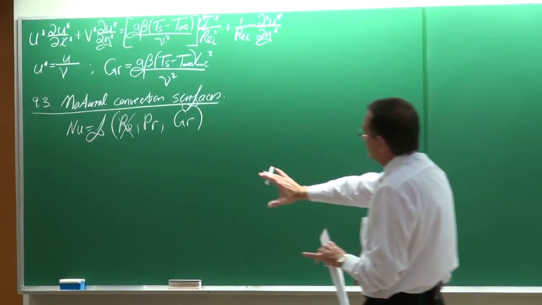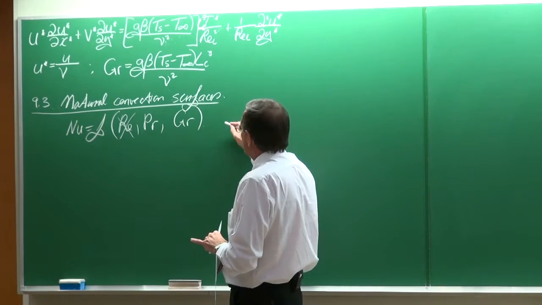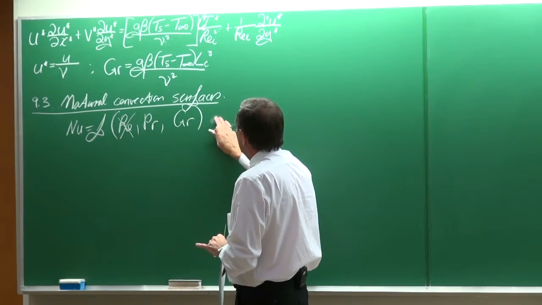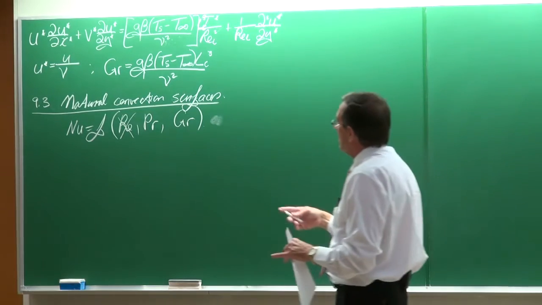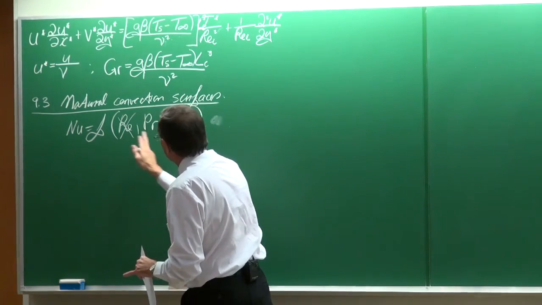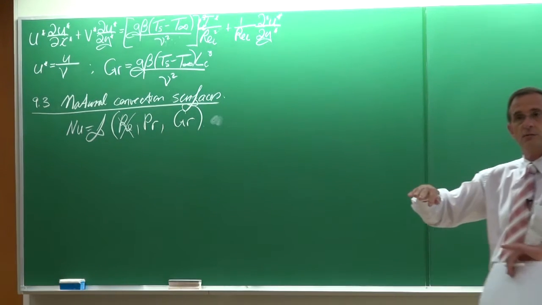So the result is that the equations that we are going to use to solve natural convection problems in all cases are a function of the Prandtl and the Grashof number. Okay, so the Reynolds number is negligible.